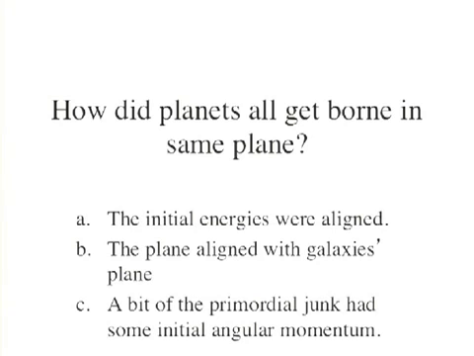All right, let's take a vote. How many say it's A, initial energies were aligned? That's good. Okay, it's not A, because energy is a scalar, so-called scalar. That means it just has a number. It doesn't have alignment. It is a momentum that has alignment.